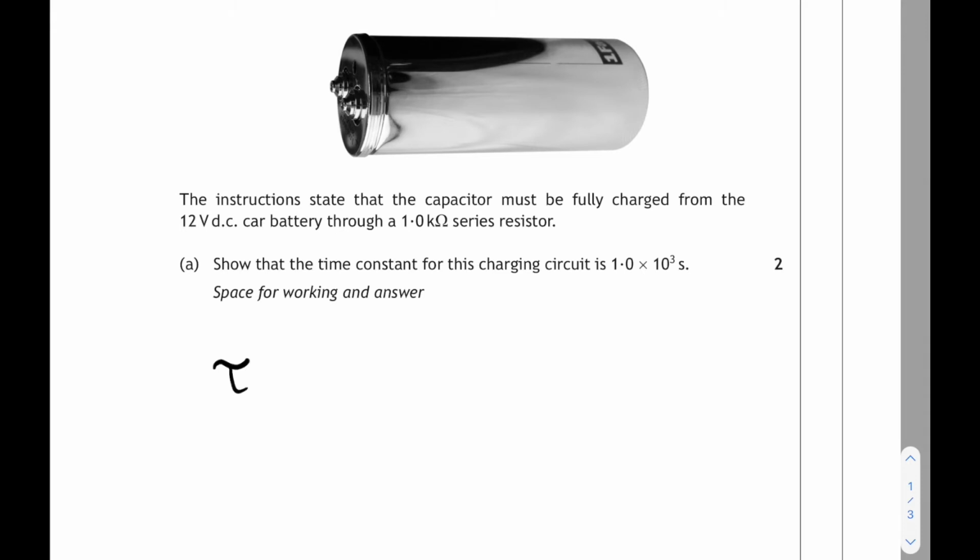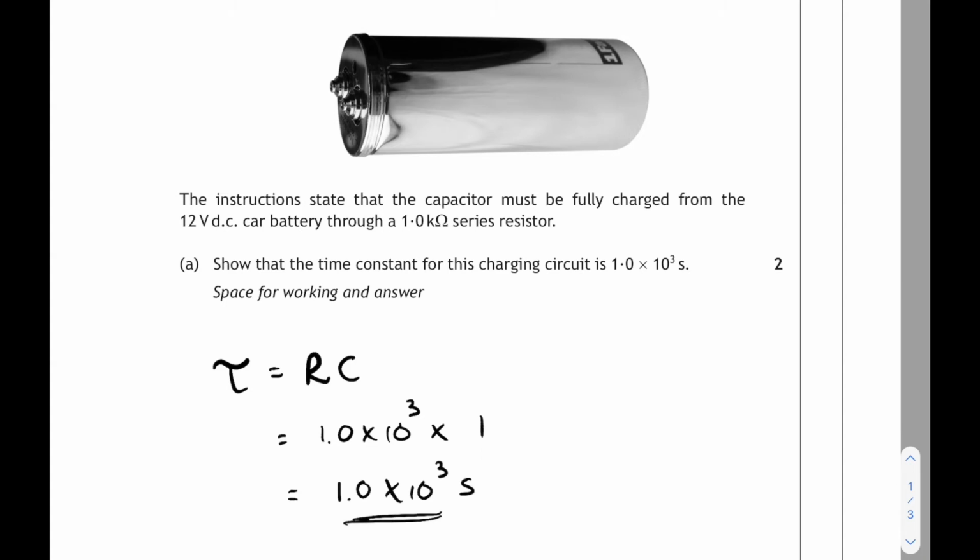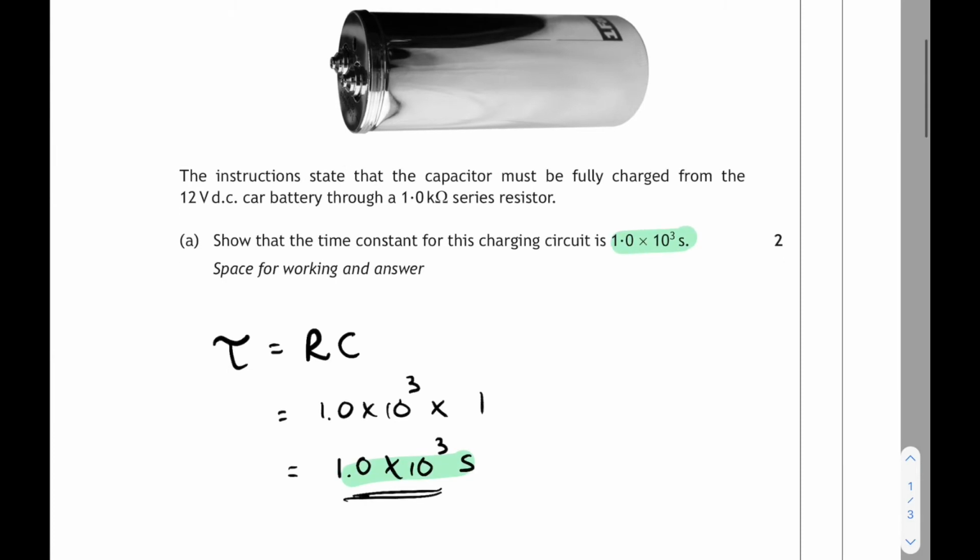Now the only relationship we have is tau equals RC, and we're told that it's a 1 kilo ohm resistor and a 1 farad capacitor. Make sure you put the numbers in exactly as they are in the question. It's a show question, and that means that our time constant is 1.0 times 10 to the 3 seconds as required. It's about the easiest 2 marks you'll get in the paper.